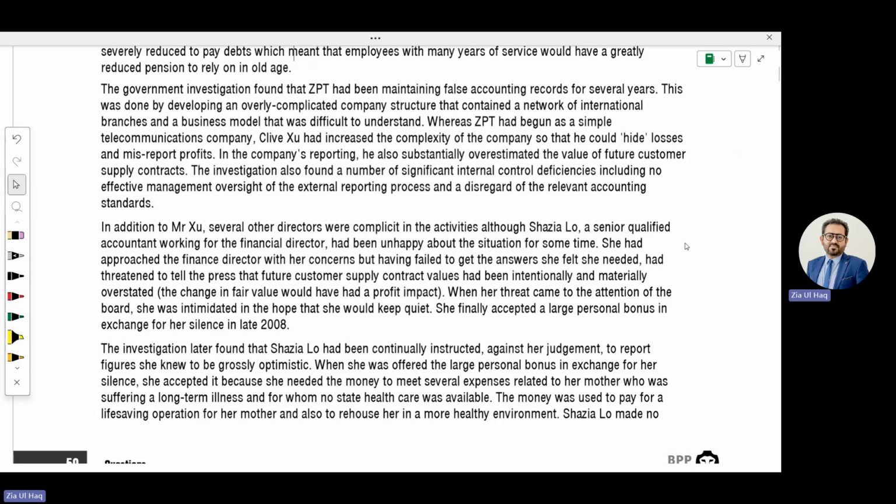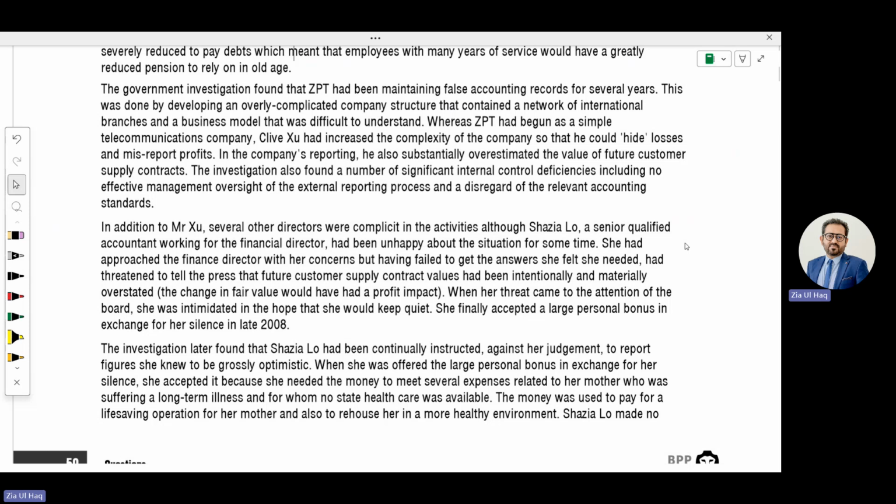Whereas ZPT had begun as a simple telecommunication company, Clive Shu had increased the complexity of the company so that he could hide losses and misreport profits. In the company's reporting, he had substantially overestimated the value of a future customer supply contract. Even the figure based on estimation was also overstated.